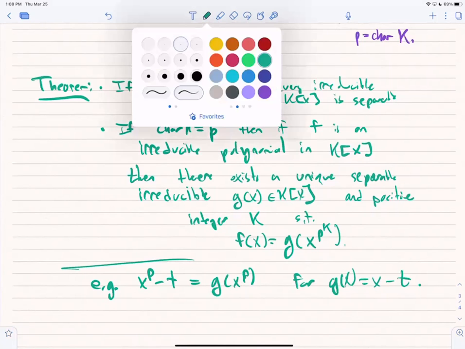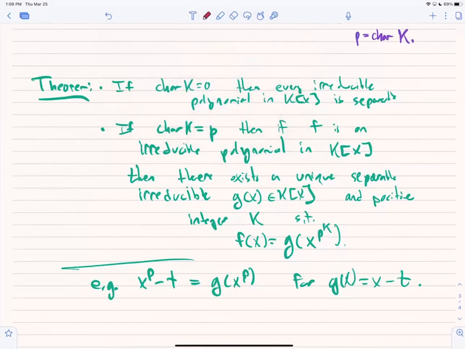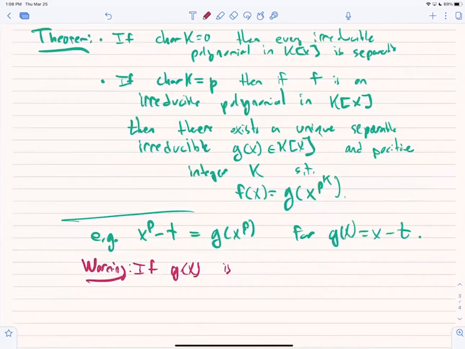Okay. So before I talk about the proof, which we've basically already done, let me just say a warning. If g(x) is irreducible, g(x to the p) may not be.